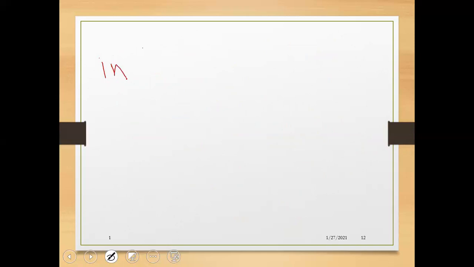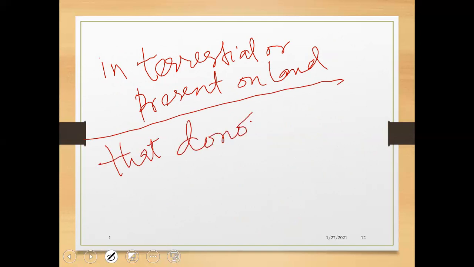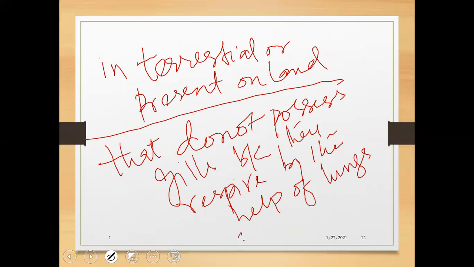In terrestrial organisms, or you can say those present on land, gills are not possessed because they respire with the help of lungs, so gills are not needed.